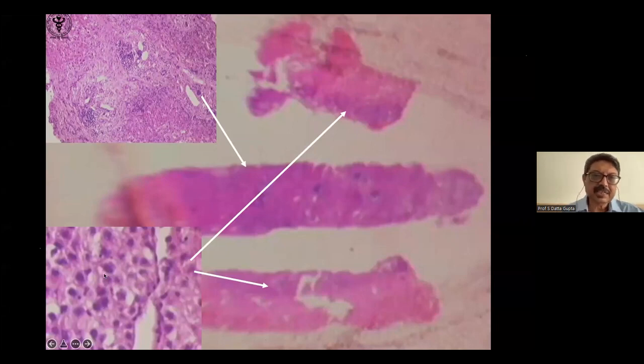Now in this case, if this core went to one lab, and this went to another lab, you can imagine the confusion in the mind of the gastroenterologist and of the patient and everybody else. So therefore, please send all of them to one place, take the block, and then if you want to have a second, third, fourth opinion, you please do it.